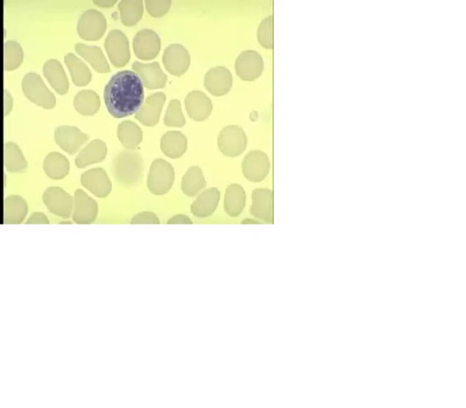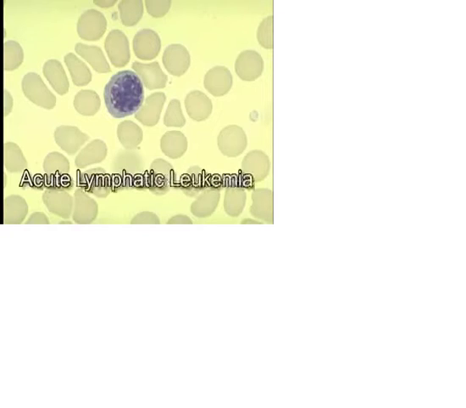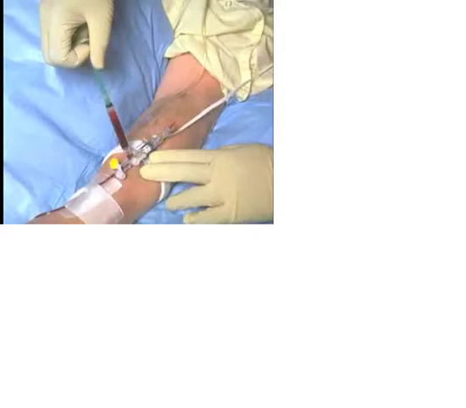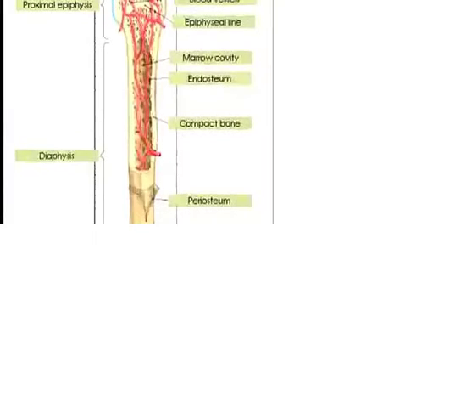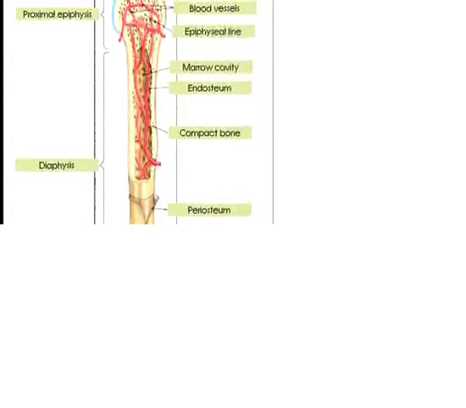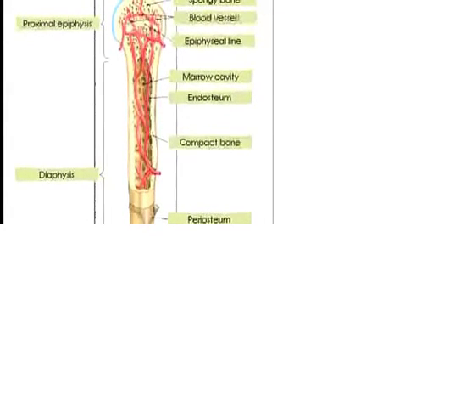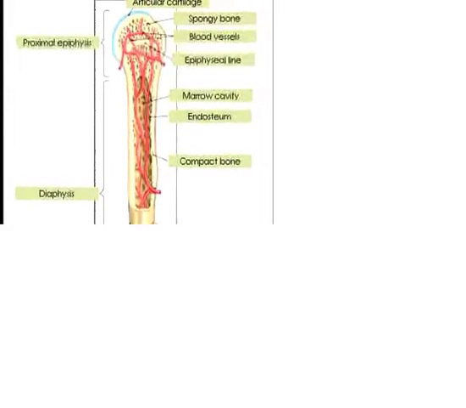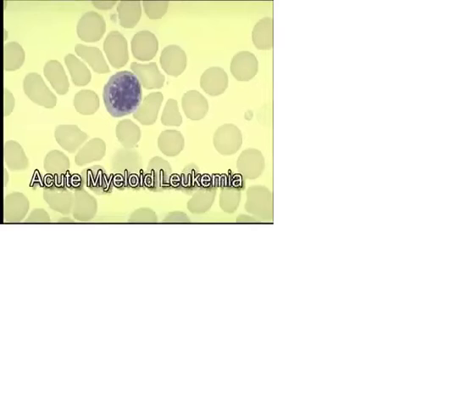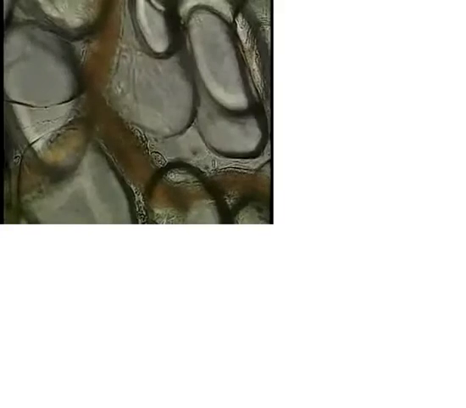There are four major types of leukemia. Acute lymphocytic leukemia is a life-threatening disease in which the cells that normally develop into lymphocytes become cancerous and rapidly replace normal cells in the bone marrow. It most often affects children between the ages of 3 and 5, but can also affect adolescents and adults. Acute myeloid leukemia is a life-threatening disease in which myelocytes become cancerous and rapidly replace normal cells in the bone marrow.